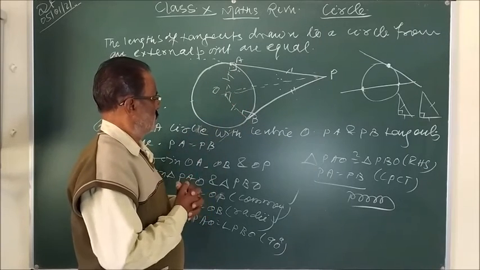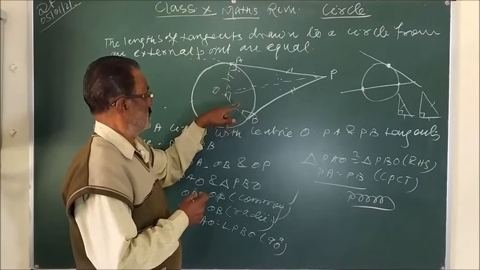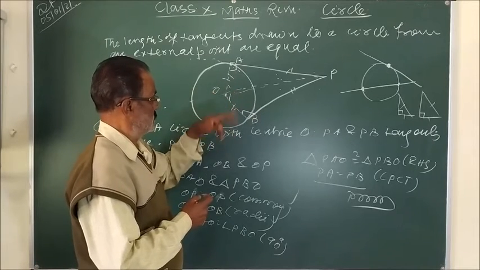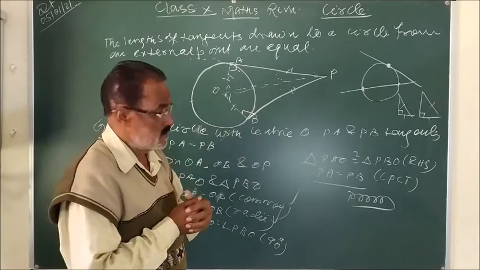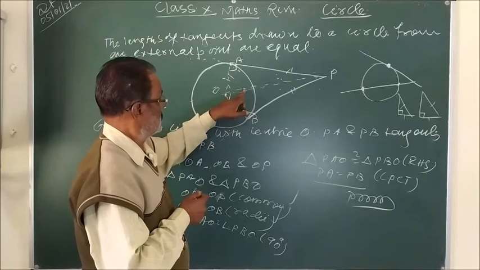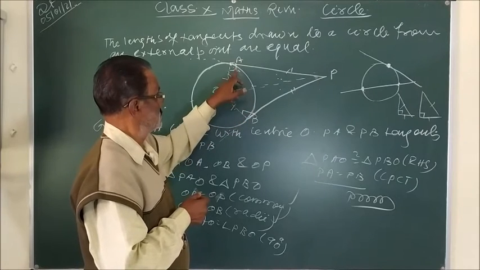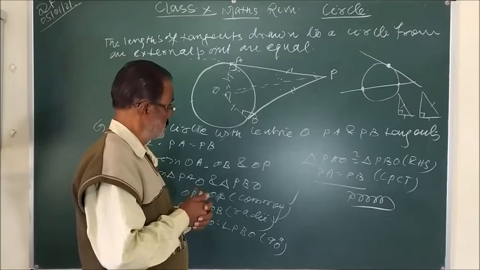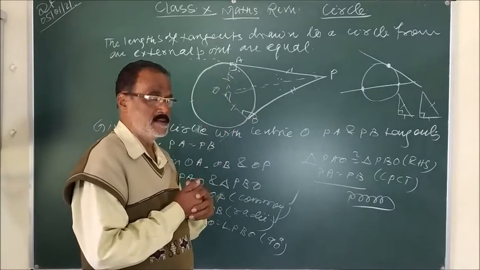So we are seeing here two sides and one angle. But once again, I would like to remind you, this is not the SAS theorem. This is the RHS theorem. In two right triangles, OP is the hypotenuse for both triangles, because it is the side opposite to angle A and angle B. So this is the hypotenuse and one side, the radius.